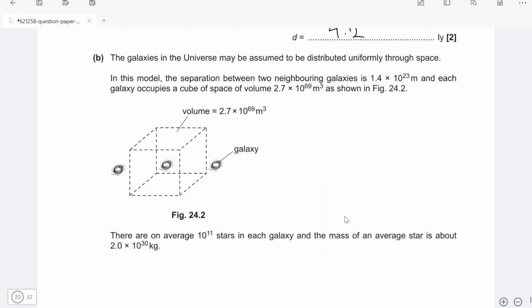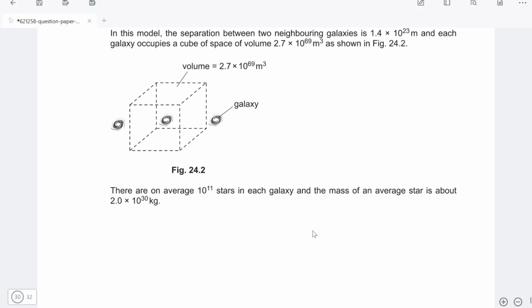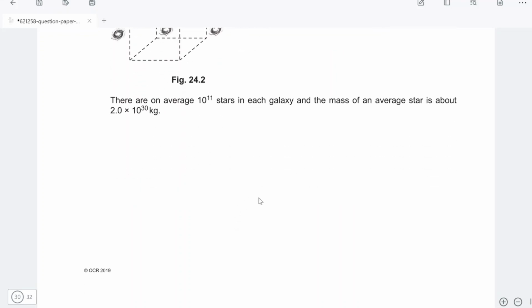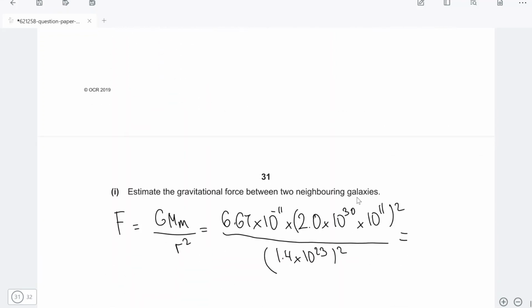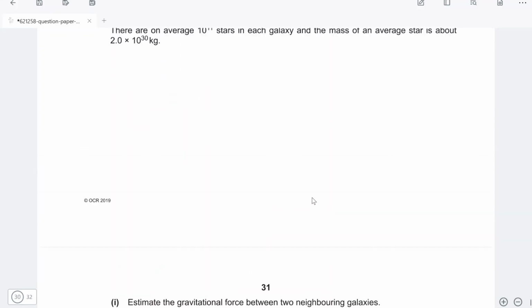This next question is really, really interesting. We have a model of the galaxies in the universe, and they may be assumed to be distributed uniformly through space. Each galaxy has about 10 to the power of 11 stars, an absolutely mind-boggling number, and the mass of an average star is similar to the mass of the Sun, about 2.0 times 10 to the power of 30 kilograms. Well, we can actually estimate the gravitational force between 2 neighboring galaxies.